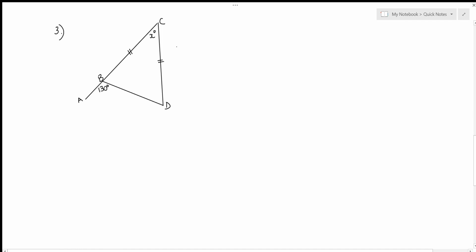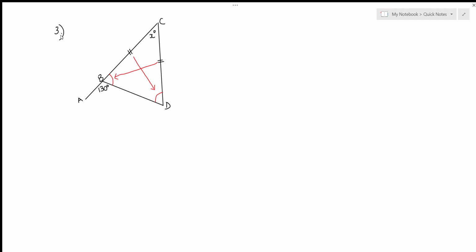Okay, let's have a look at another example. Here we have an isosceles triangle, and with the isosceles triangle we can see that these two angles here will be equal. This angle here will equal that angle there because they are angles opposite equal sides. So angle B is equal to angle D, angles opposite equal sides. So we need to work out angle B. Let's write that out.